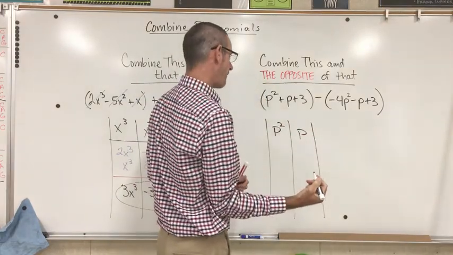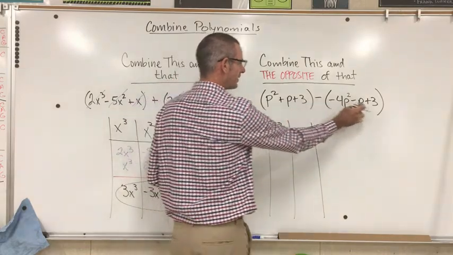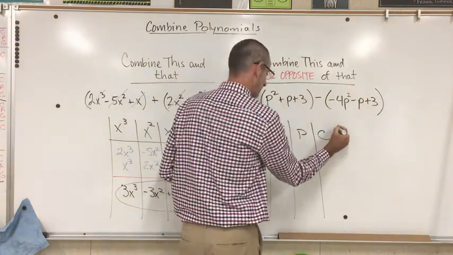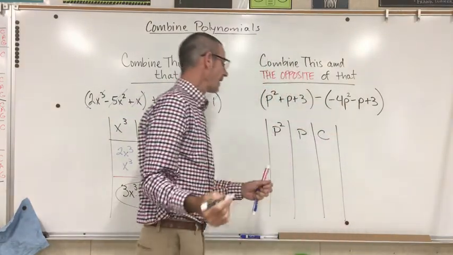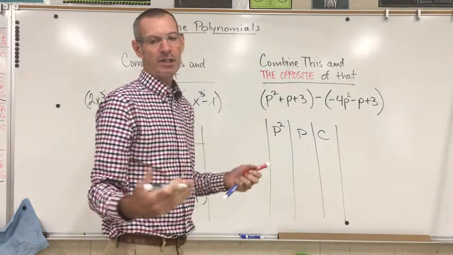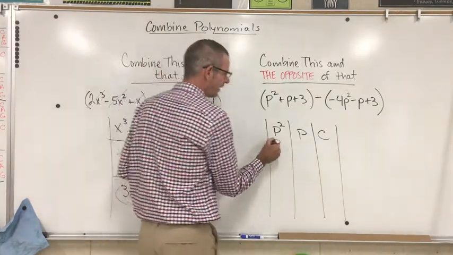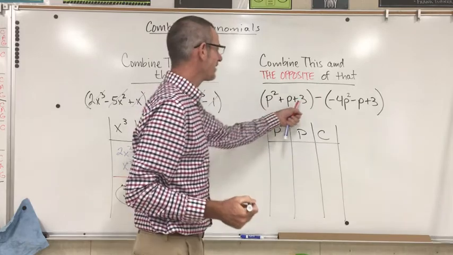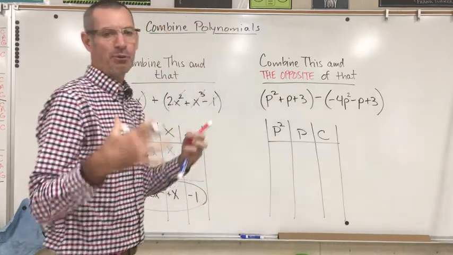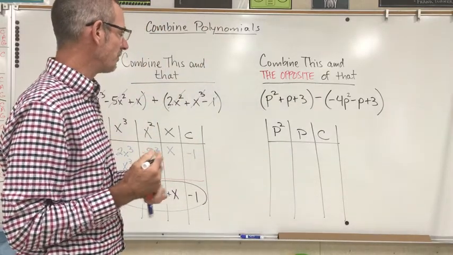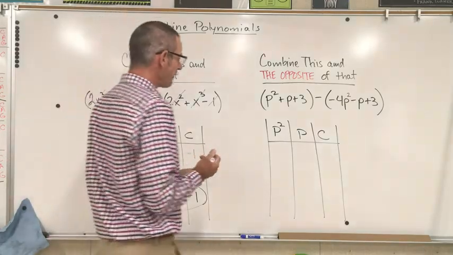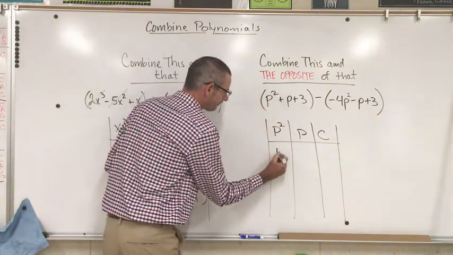I have some constants. And constants are numbers that don't have a variable attached to them. So it looks like out of my 6 terms here, I only am going to have 3 groups of like terms. So I'm going to start out, and I have my p squared.